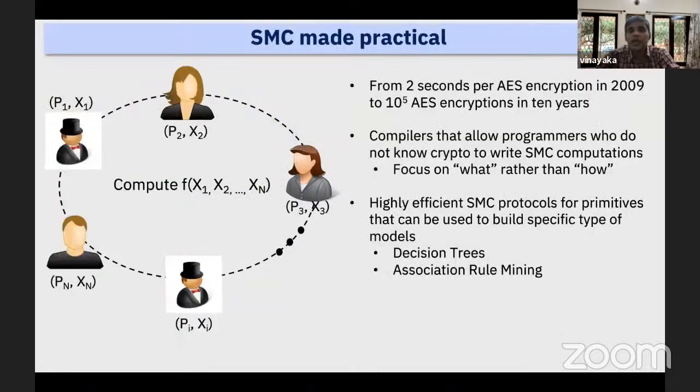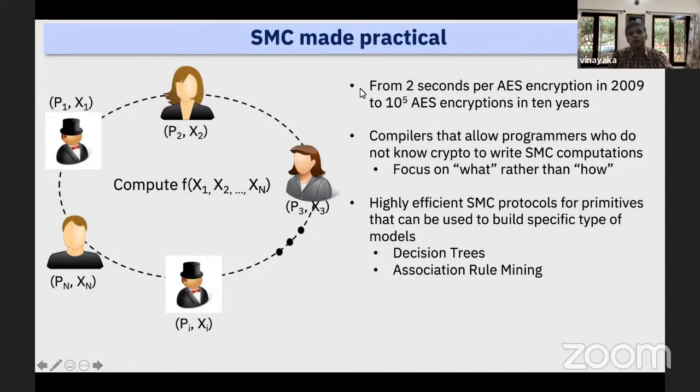Okay, and why has it become practical is that suddenly, in the last 10 years, there's a huge improvement in the performance of secure multi-party computation. If you look at 2009, and you wanted to do just one AES encryption, it used to take 2 seconds, which is an enormous period of time to just do one AES encryption.